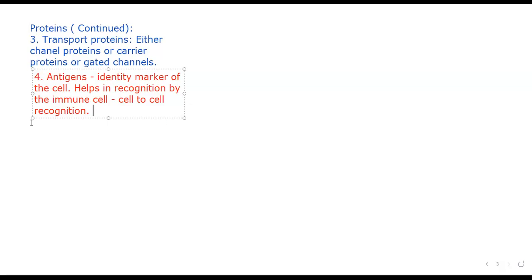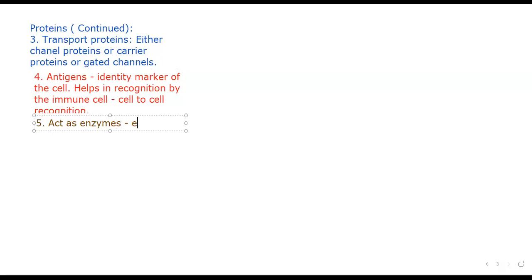It can also act as your enzymes. That is another use for your glycoproteins and glycolipids, right? We can have enzymes.